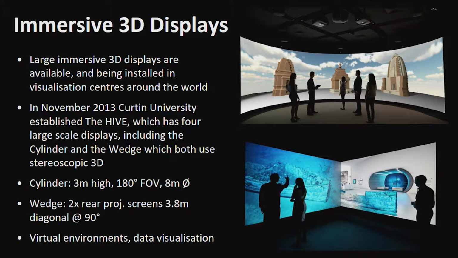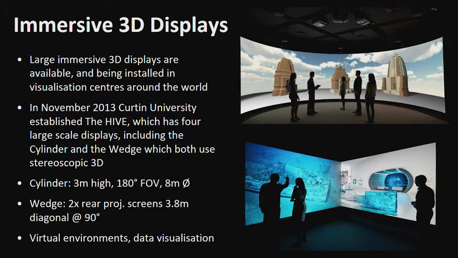The 2 displays that we specifically installed that have 3D capability are the Cylinder display, which features a 3-metre high screen, 180-degree field of view, and 8-metre diameter. It's projected using 3 TLP projectors on the roof, warped and blended together. The Wedge display is 2 rear projected screens mounted at 90 degrees to each other, 3.8 metre diameter.